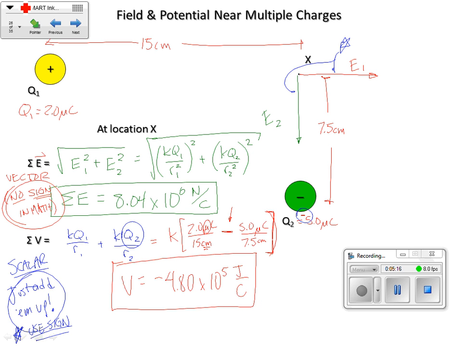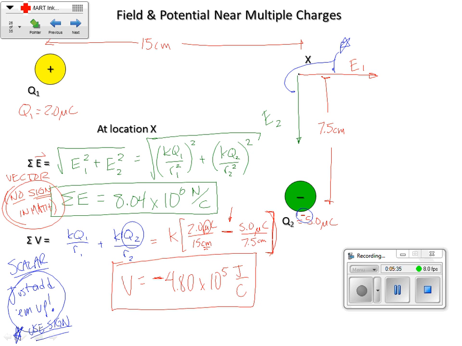A negative potential. That does not mean potential is to the left or anything like that. It means the potential is negative. We're going to talk next time about why potential could be negative and what it means physically. I think it's some of the best physics we do this year.